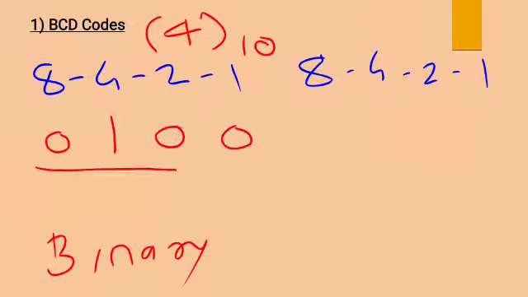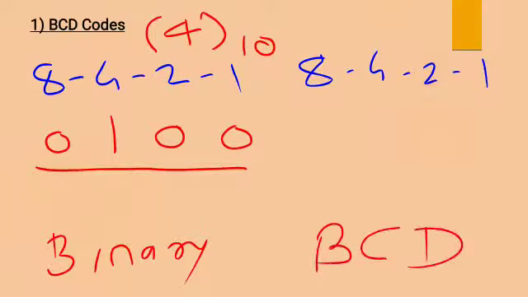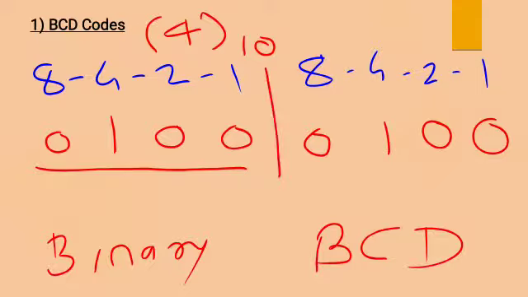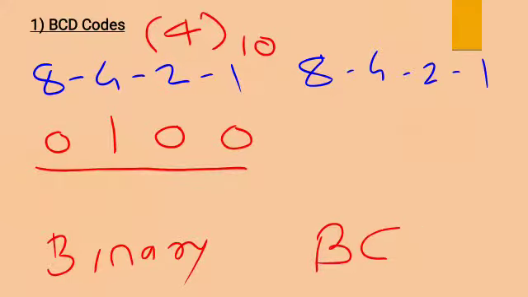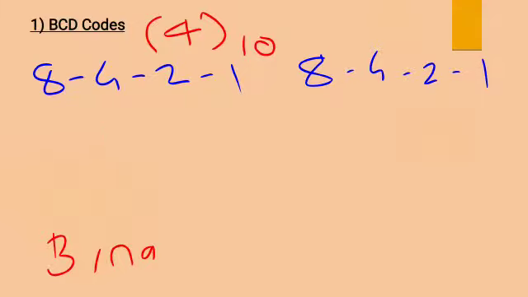We already know how this code came into the binary format, whereas for BCD also we can write it as 0 1 0 0. In the same way we can write the binary numbers and BCD numbers from 0 to 9, in which there is no difference of representation.